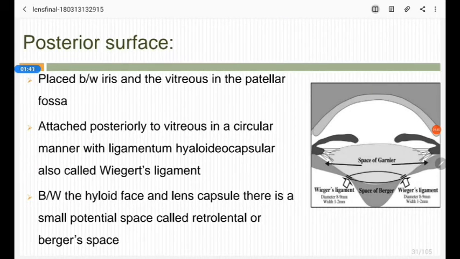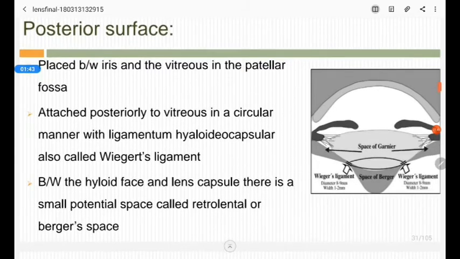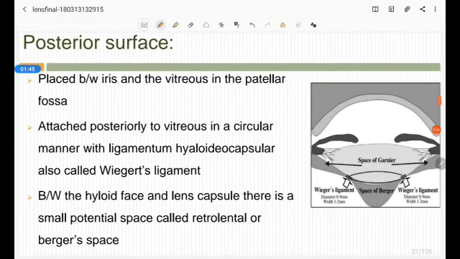Now the posterior surface of the crystalline lens is placed between the iris and the vitreous.